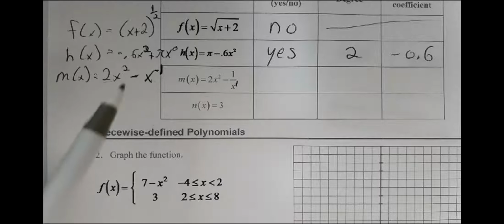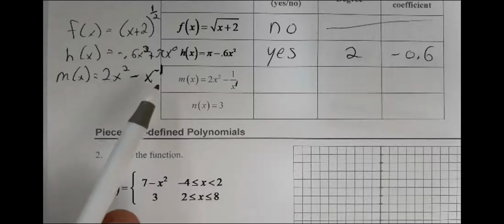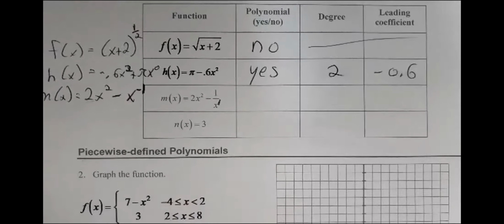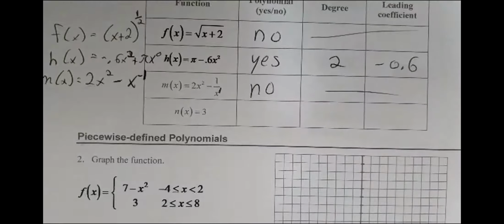So 2x squared fits the definition, minus 1x. The minus 1 is the thing that does not fit our definition. It cannot be a negative number as an exponent. So this is not a polynomial, and I don't want to worry about the rest.